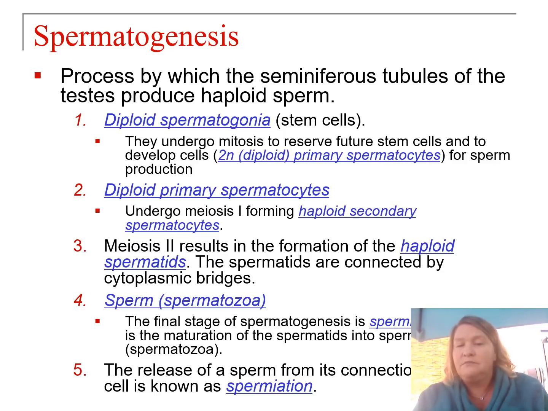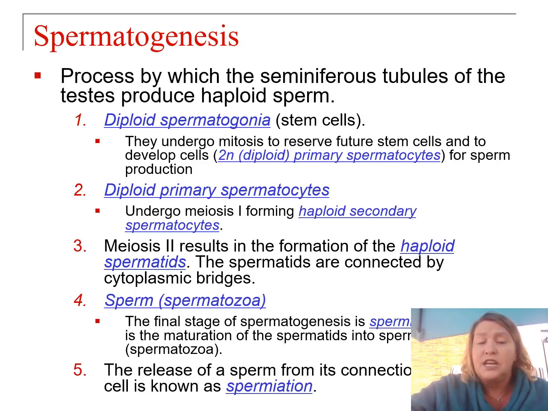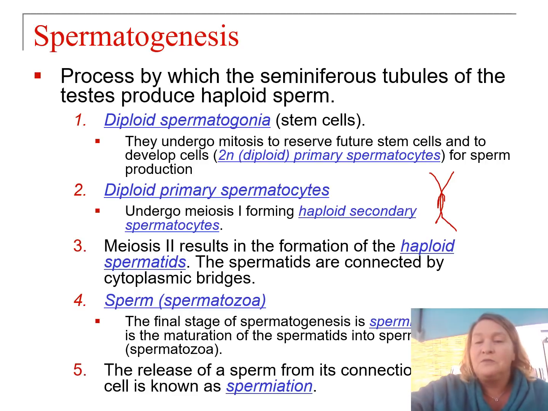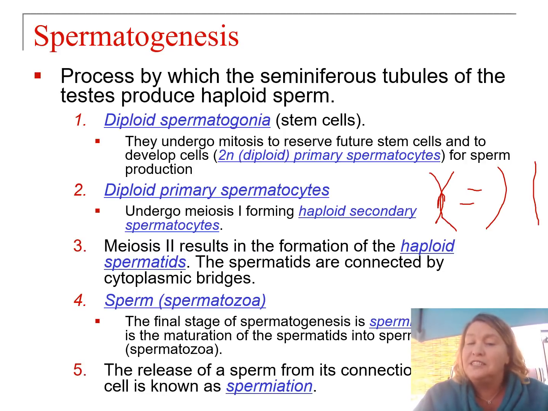The reason the name changes is because you have the chromosome, which is attached right there, and then the chromosome will break up into individual chromatids. And so instead of calling the haploid cells chromatids, they call them spermatids, which I always think is kind of funny.